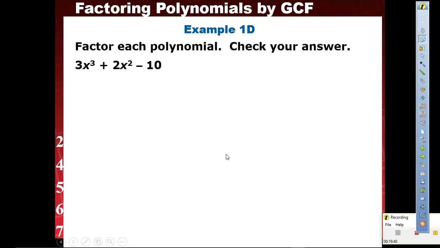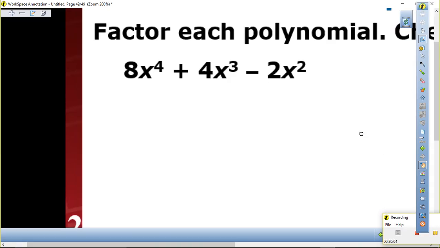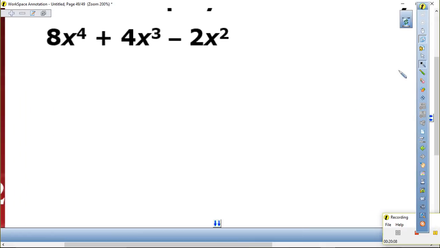Copy this one. Example 1E. 8x to the 4th plus 4x cubed minus 2x squared. All right, check with the neighbor, see what they got.